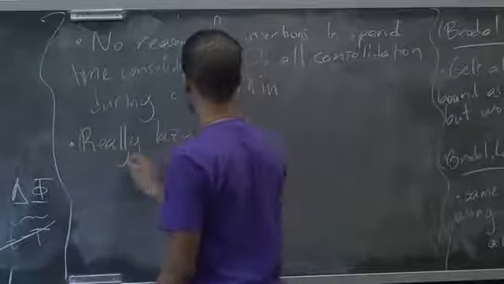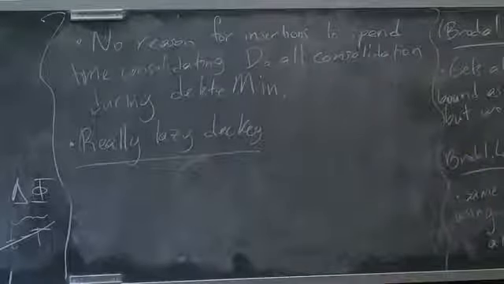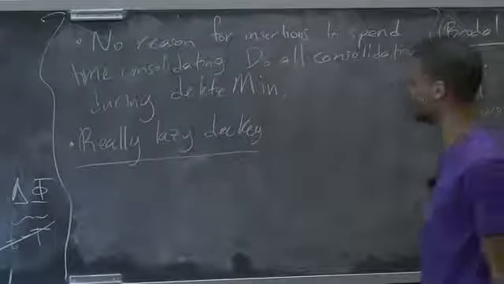But it's the right idea to first start off really lazy and then figure out if you need to do more. Just do the bare minimum to get the job done.